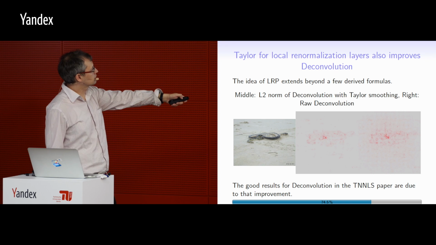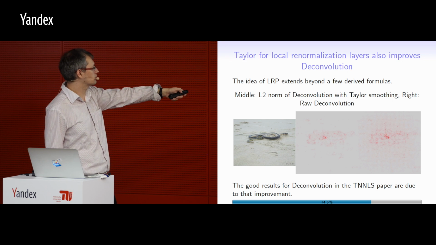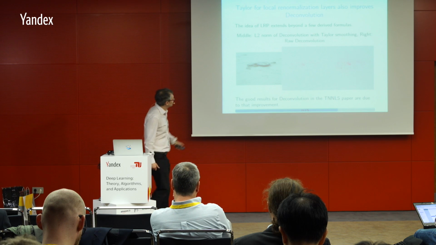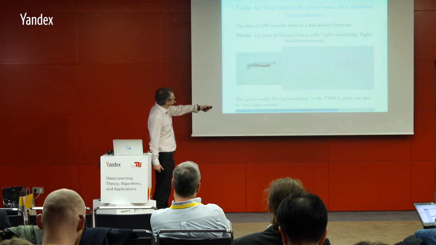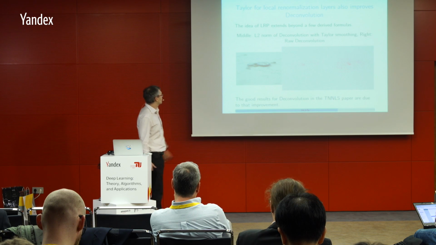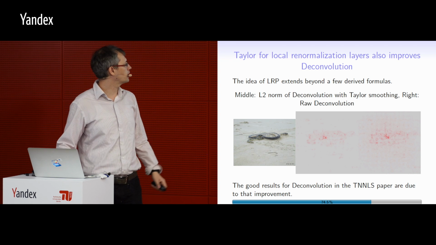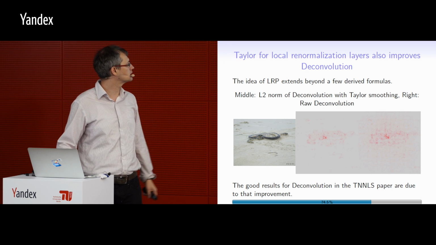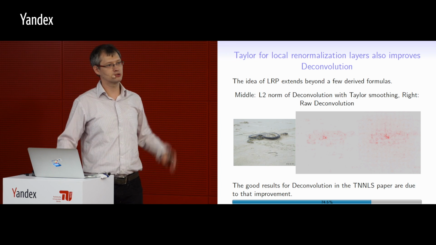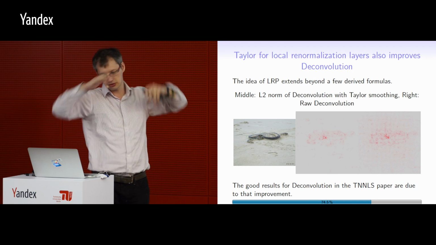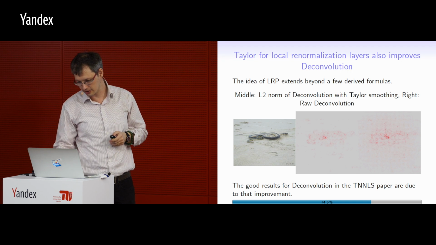This is deconvolution, actually the L2 norm of it, because it often gets the sign a bit wrong, together with a Taylor smoothing. And you see, it's not very well visible, but the image is much cleaner. Here you have many more grid artifacts outside of the snake. And by the way, this was also the way that we used deconvolution in the TNNLS paper, because if I can use this trick for both methods, then I can compare them on the same fairness level.